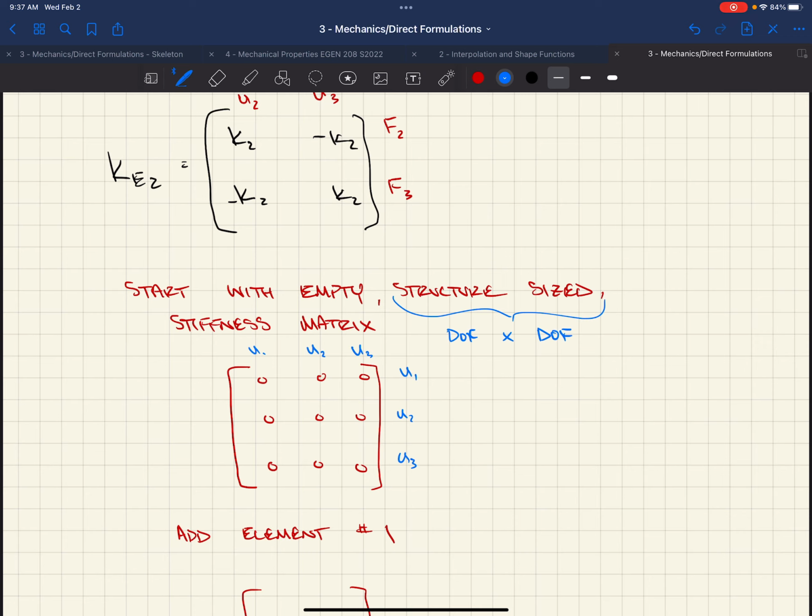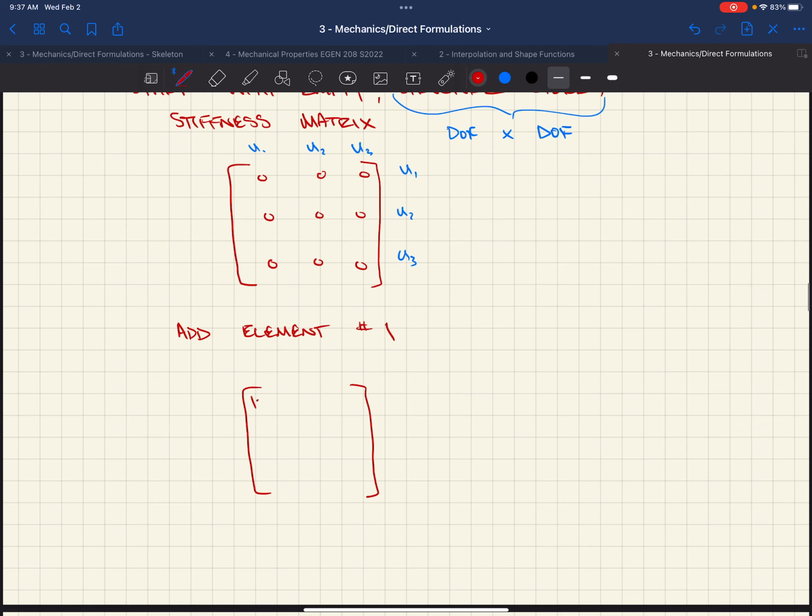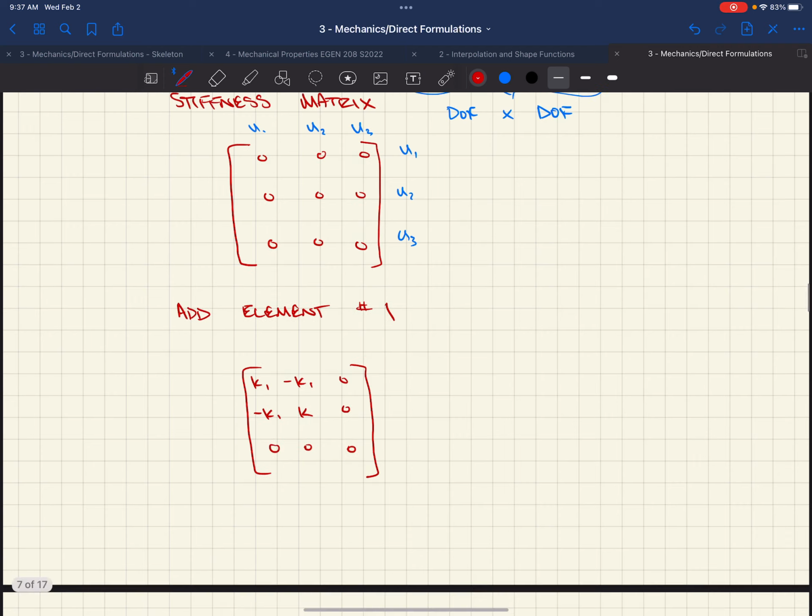So we get an appropriately sized, structure-sized stiffness matrix. We can merely add in our element 1 with respect to our U1, U2. Zeros elsewhere. We have no other contributions.